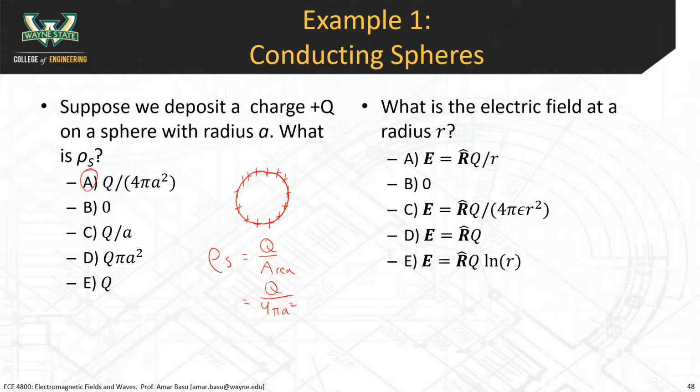The hint I'm going to give you here is that you can actually look back to some of your older notes to find the answer to this. Think about what happens when you have a charged object. What is the electric field resulting from the charged object?